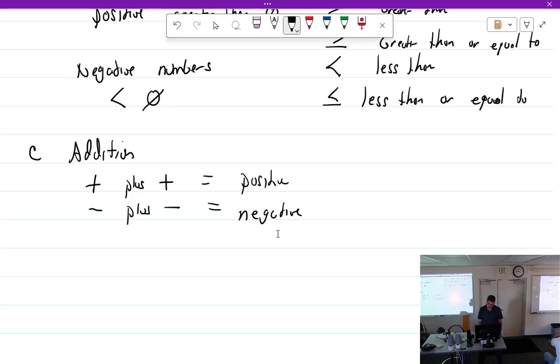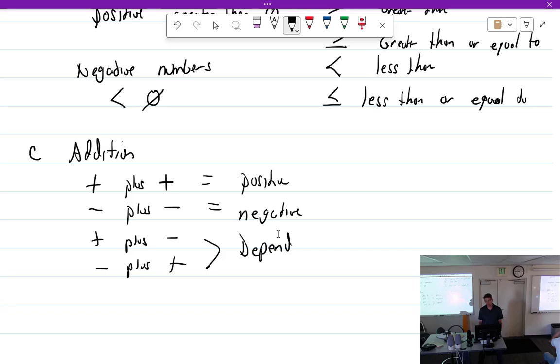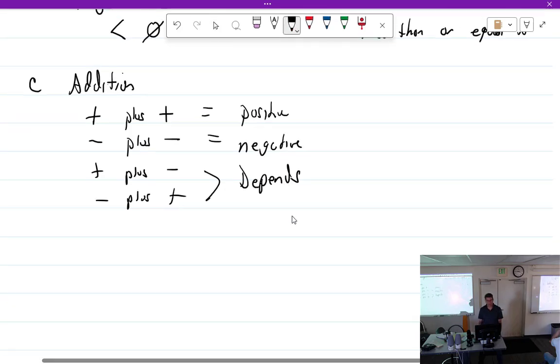All right. But what about a positive plus a negative or negative plus a positive? It depends. Could be either. Because, all right, let's learn how to do this.